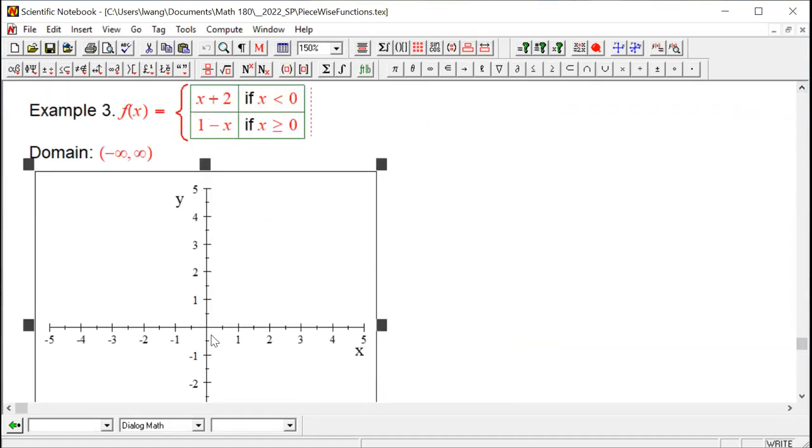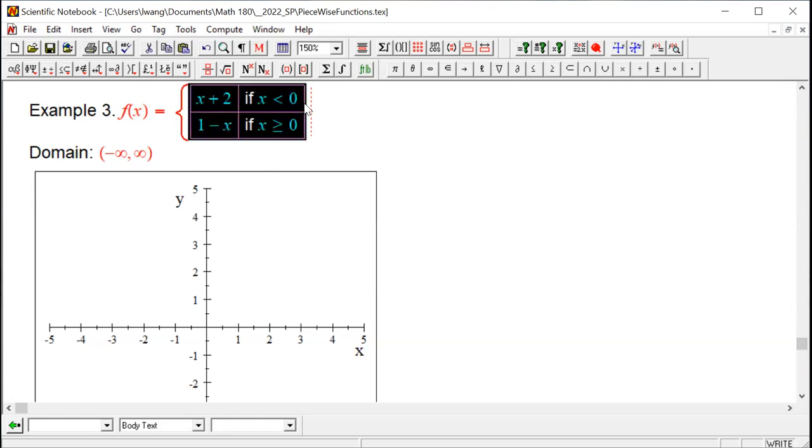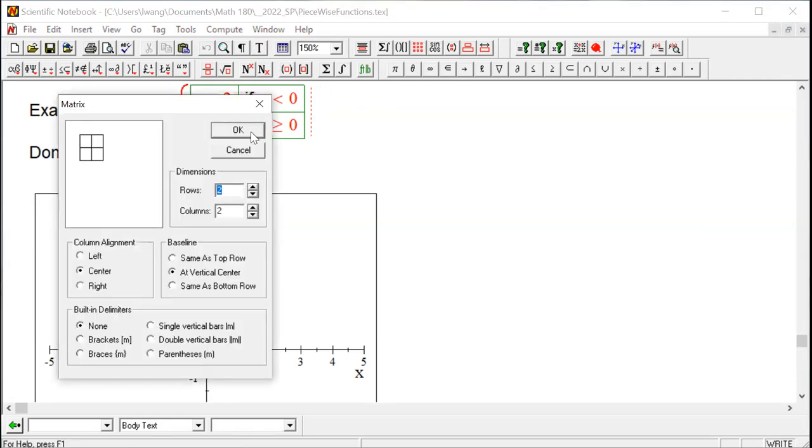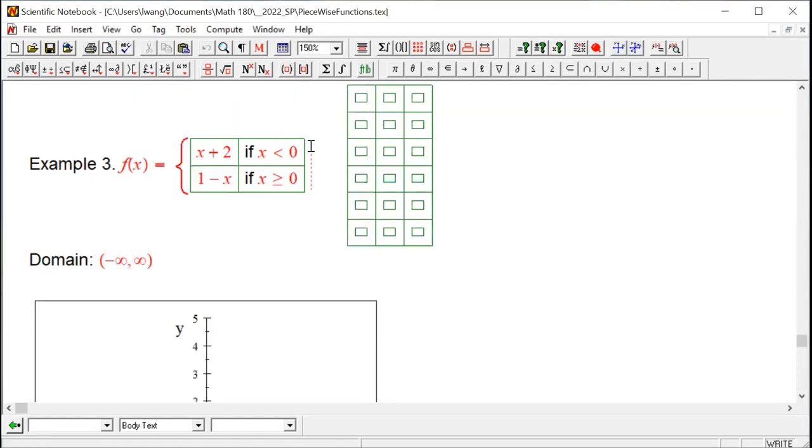I know the domain is all real numbers. For x less than 0, right? When we use this rule, obviously this is a line. So you're going to plot points for this rule. Let me put the table up here. Let's see if that will help. 3 columns, a number of rows.